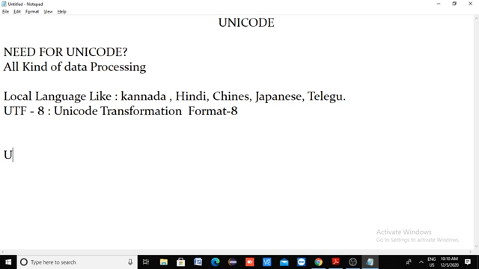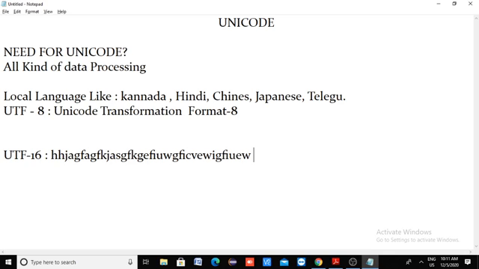Now after that, UTF-16. UTF-16 means Unicode Transformation Format 16. This is capable of transferring 16-bit binary data at a time. Suppose your word has more than 16 bits; it can divide it into 16-bit units, and then it can transfer the data at a time.